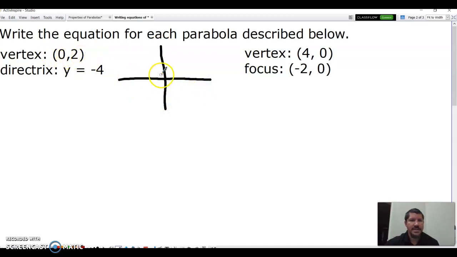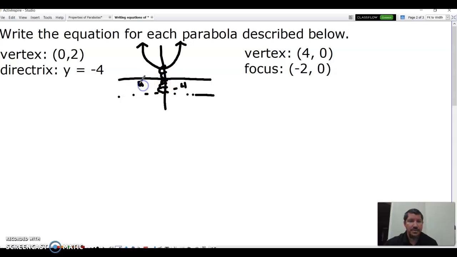So vertex is at 0, 2, so 1, 2. My directrix is a line y equals negative 4, so it's going to do this, which means my parabola has to open up like this. Okay, that helps. So if this is at negative 4 and that's at 2, so negative 3, negative 2, negative 1, so that's 1, 2, 3, 4, 5, 6.